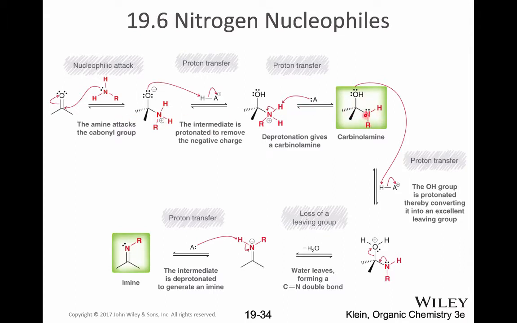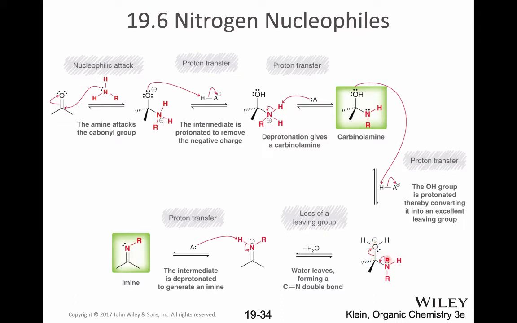The second step here, to get from here to the imine, is very reminiscent of an SN1 reaction. In this case, it's almost like an SN1 reaction with a rearrangement. You protonate the oxygen with whatever the acid is to make the oxygen a good leaving group. This oxygen leaves.